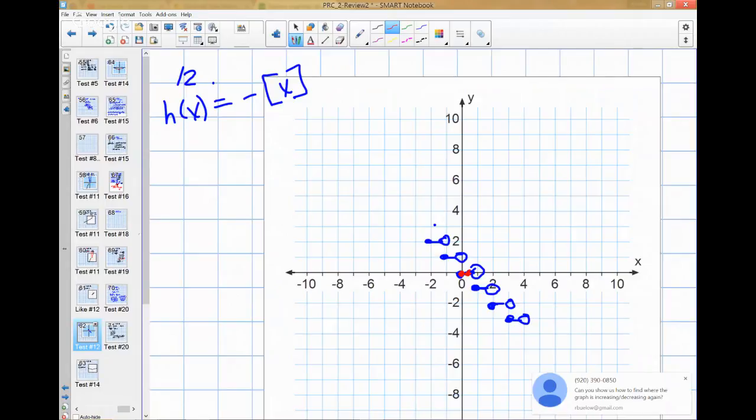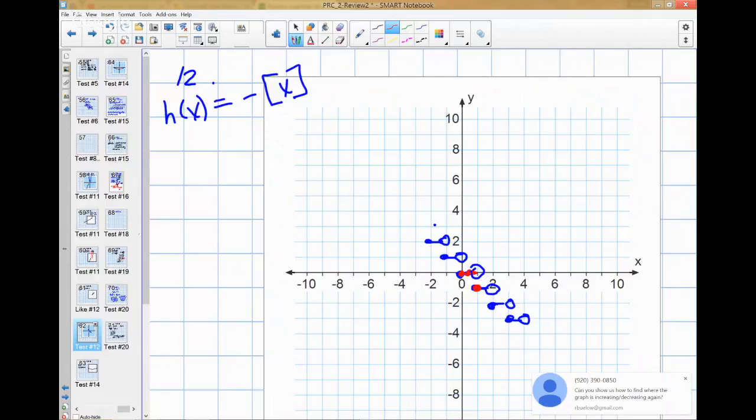How about 0.9? The greatest integer of 0.9 is 0. What's negative 1 times 0? 0. And finally, when you get to 1, what's the greatest integer of 1? 1. And now what's negative 1 times 1? Negative 1. So you see why we wound up down there?